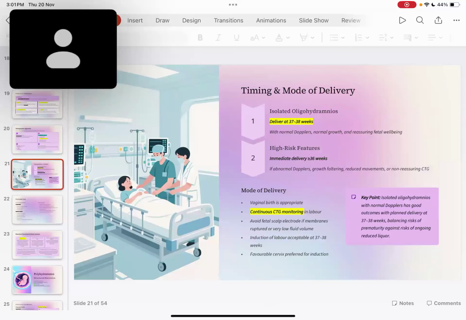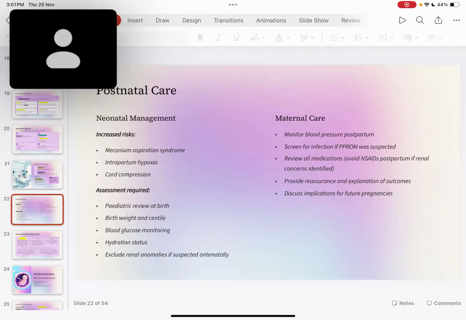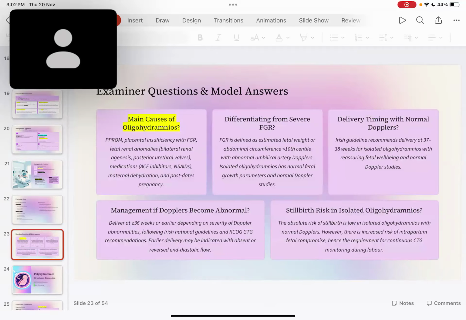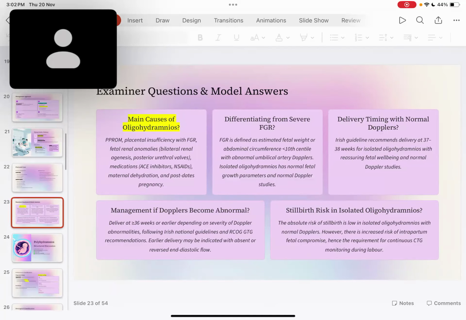You picked it very rightly. Delivery: continuous CTG should be in the labor, and postpartum the baby should be handed over to the neonatologist. Oligohydramnios usually doesn't come in the long case, it comes in structured discussion. So this slide covers all your questions: causes, differentiation, how you manage, what the Doppler is, what the prediction is, and how you deliver them.